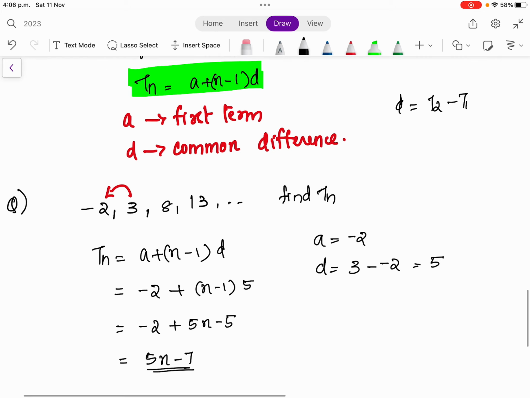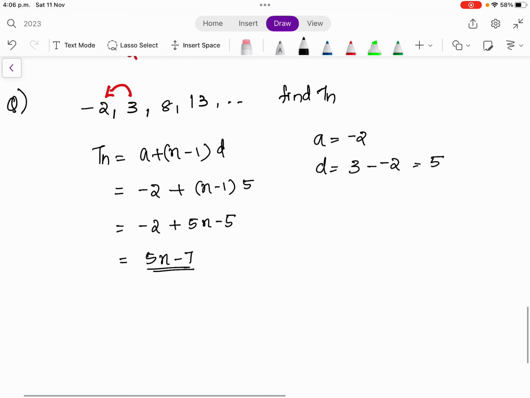This is how we find the nth term of the sequence. Once you find the nth term, you can find any term. If you want to find the 10th term, it is 5 times 10 minus 7, that is 50 minus 7, which is equal to 43.